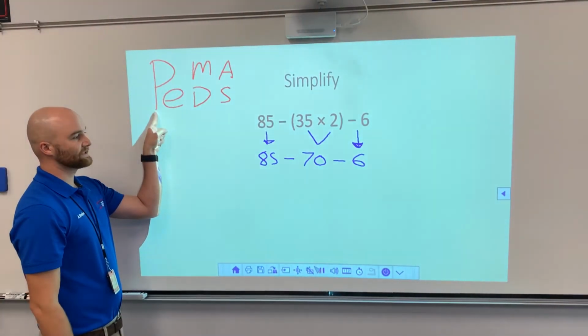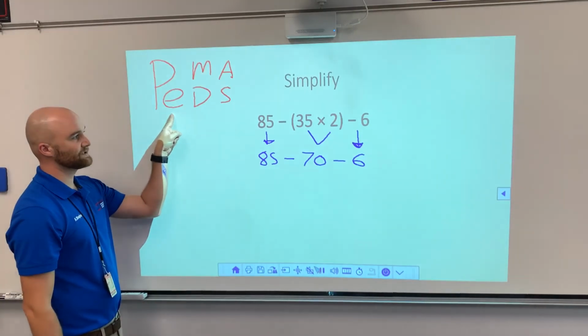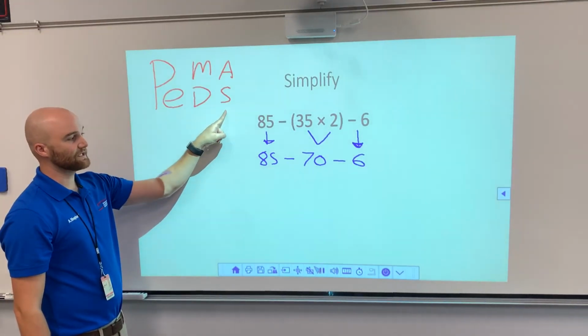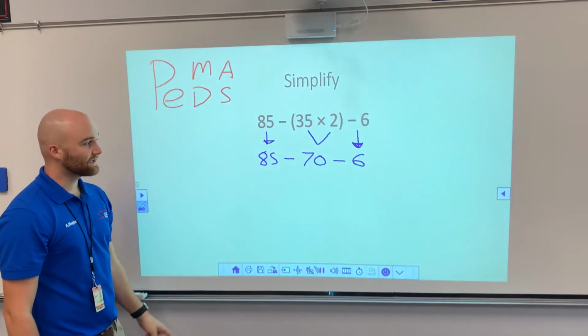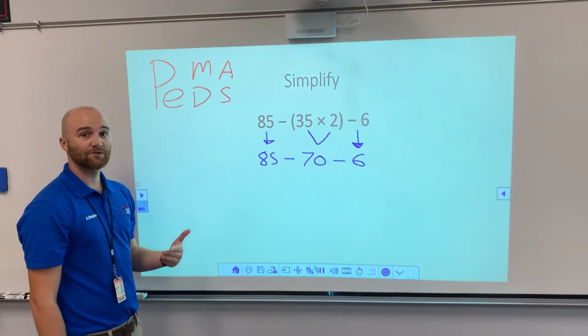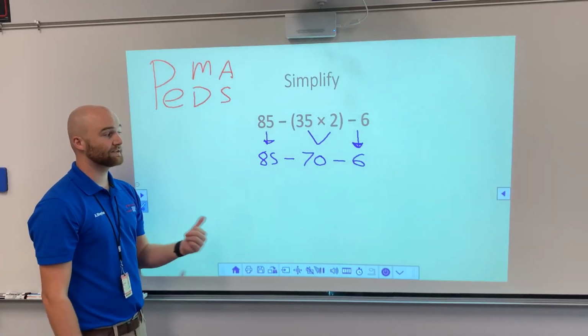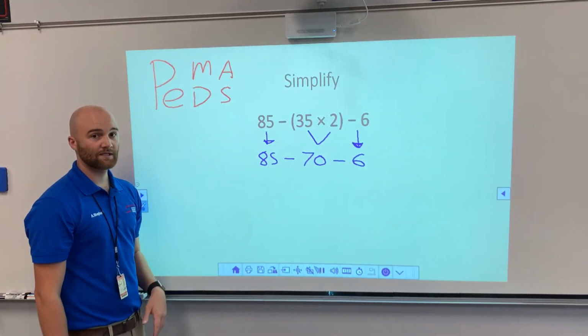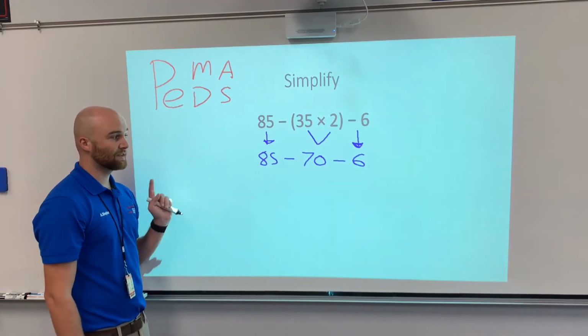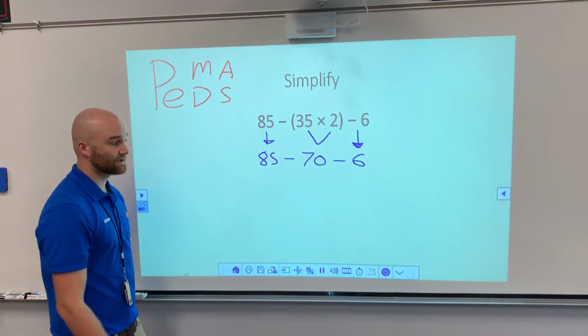I don't see any parentheses, I don't see any exponents, I don't see any multiplication or division, but I do see addition and subtraction. In fact, I see 2 sets of subtraction. So I have to remember how to break the tie. If I didn't break the tie correctly, I'm going to get the wrong answer. The way that I break the tie is the same way that I read it. I read it from left to right.